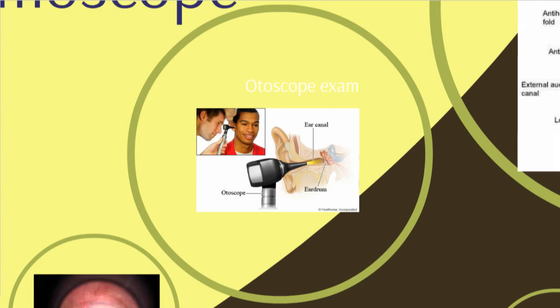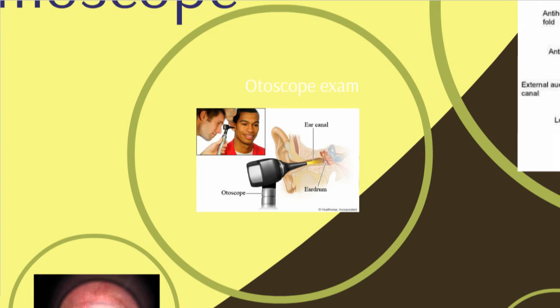You don't want somebody standing. You want them to be a little bit lower than you. Maybe you may even bend down to them. You want them to sit, preferably with their back straight and their head tilted a little bit away from you. And then with an adult, we're going to straighten the ear canal by grasping the auricle and pulling it up and back.